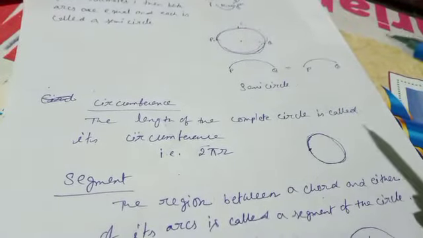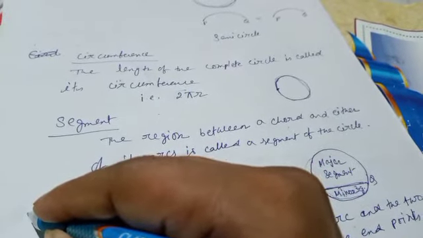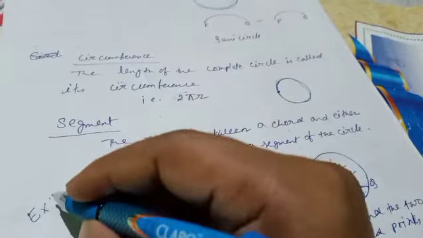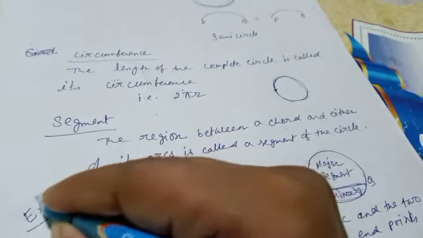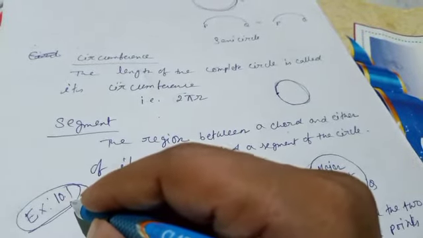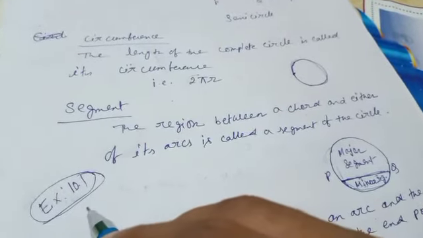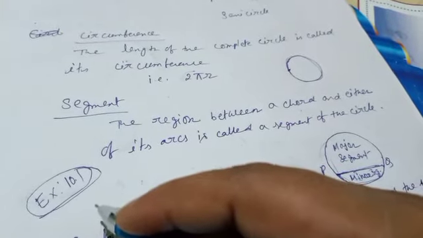As your homework, please try to solve exercise 10.1. Maybe you are thinking that I have given a full exercise, but don't worry, because in exercise 10.1 you can find some fill in the blanks and true and false.